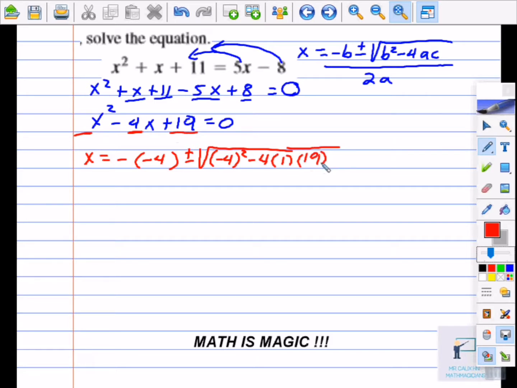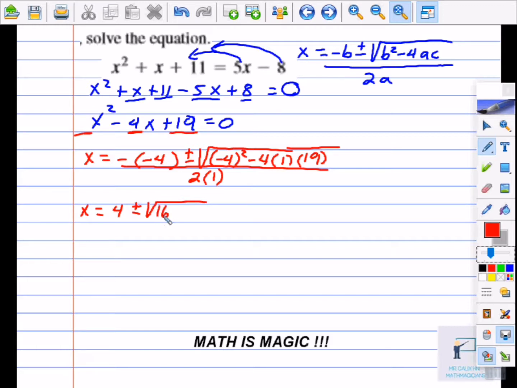Let's close our parentheses here. Everything over 2 times a, that is 1. Let's start evaluating. x is equal to positive 4, plus or minus the square root of negative 4 squared is 16.